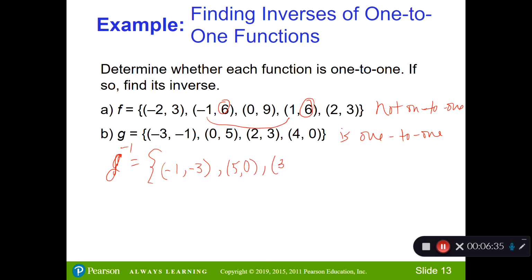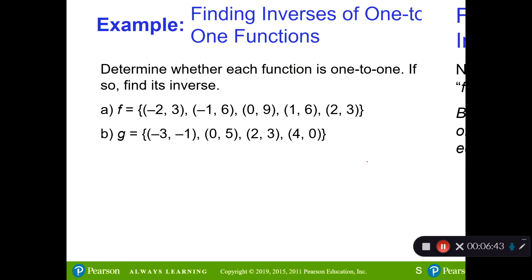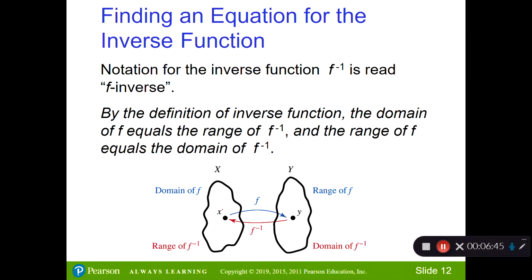Notice that what I'm doing here ends up being just reversing all the x and y coordinates. That's what happens between an inverse and its function. All of the x's become y's, all of the y's become x's. The domain of the inverse is the range of the original function.